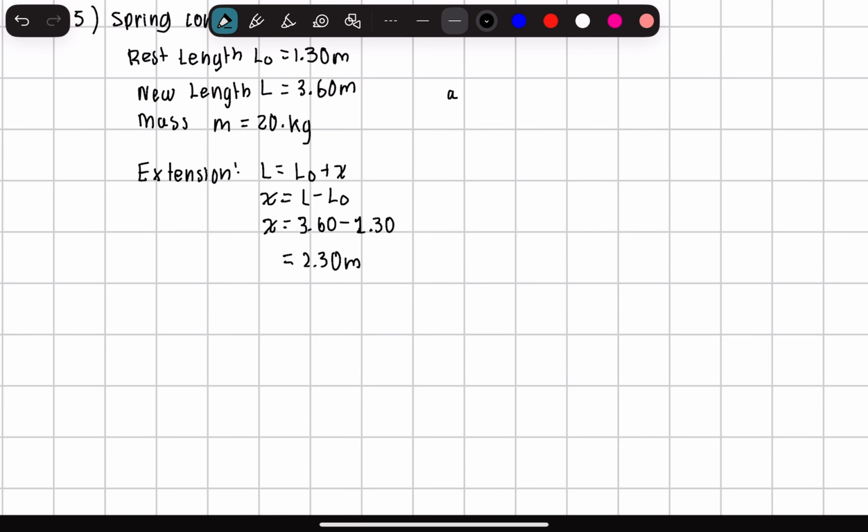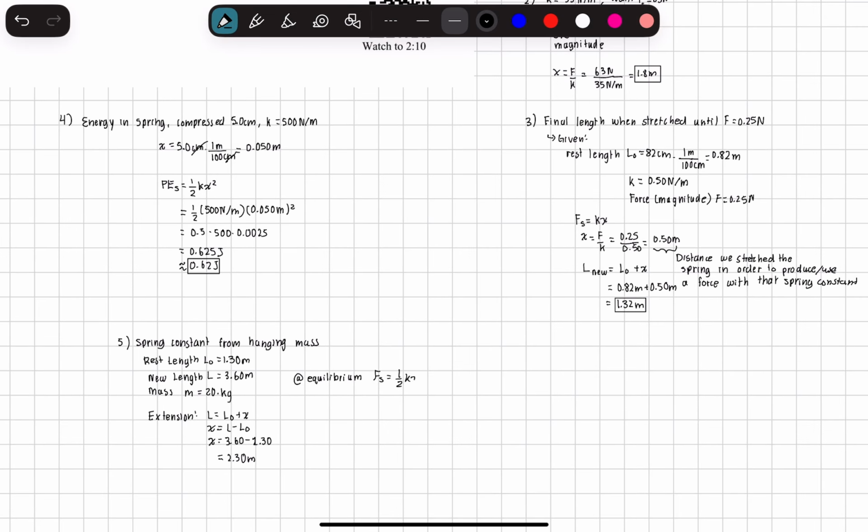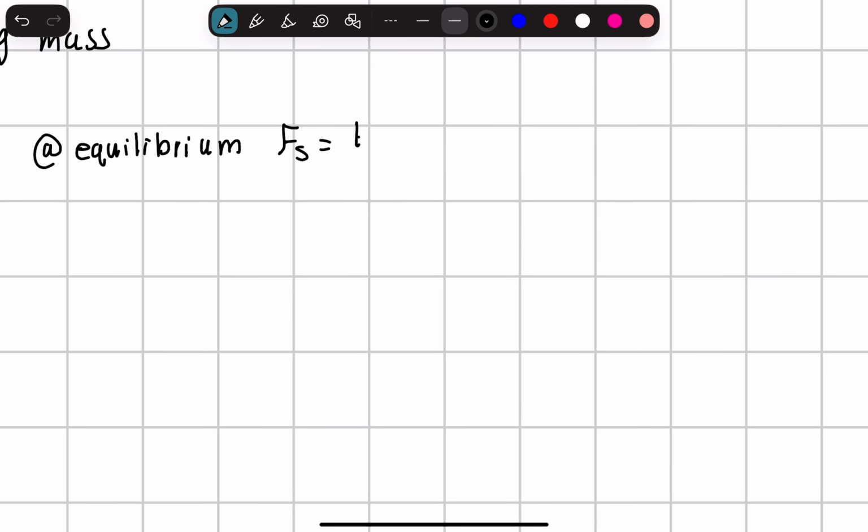And we also know that at equilibrium, F of S is equal to K of X. Sorry, it's just K of X, not 1/2.